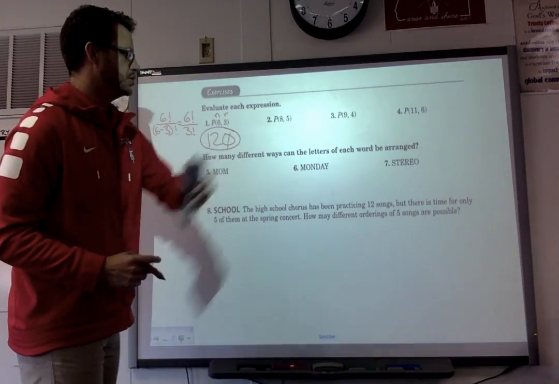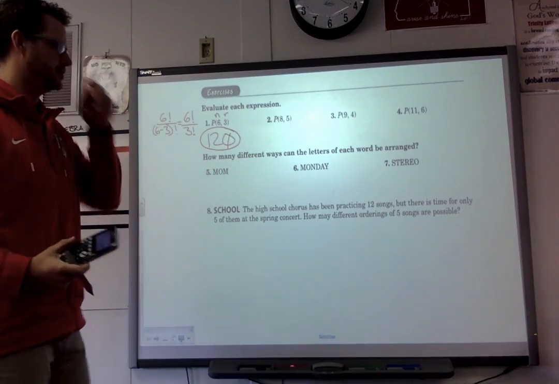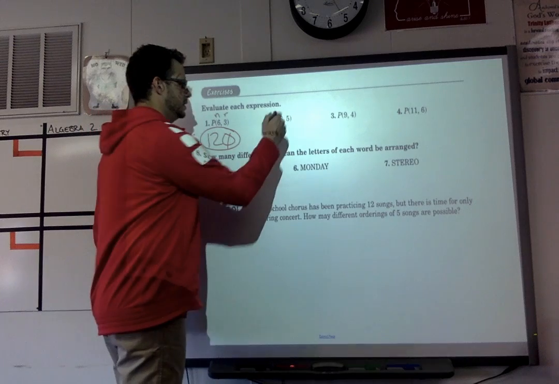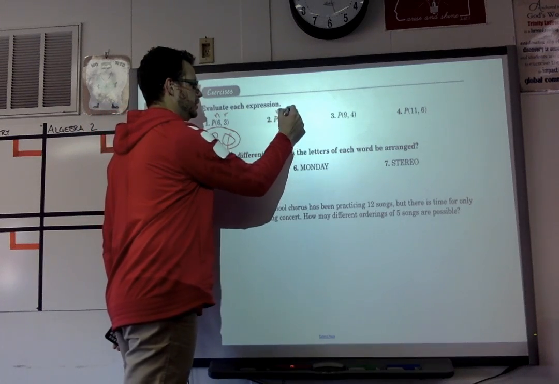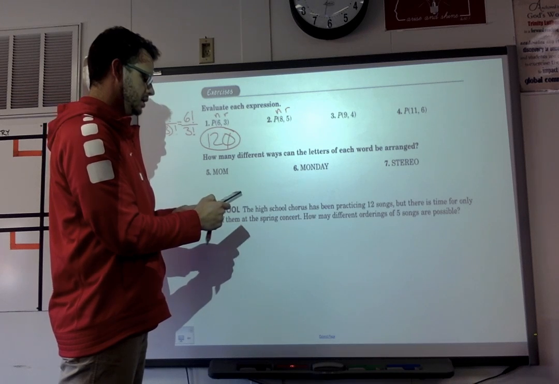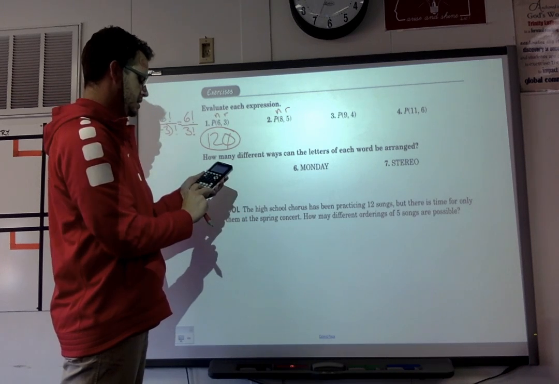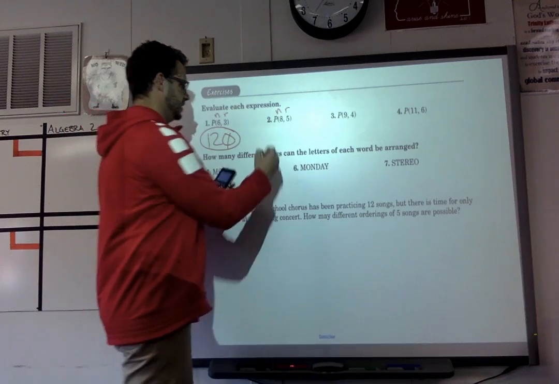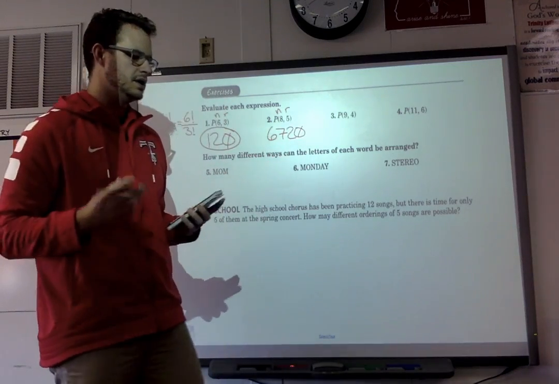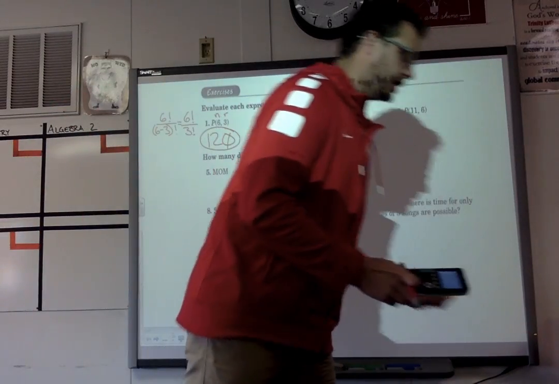So for 2 through 4, I'm going to go ahead and just use that permutation function on my calculator. So for this one, again, that first number is my n, second number is my r. So 8, go over to nPr, plug in 5, I get 6,720. So that's how we can solve those.